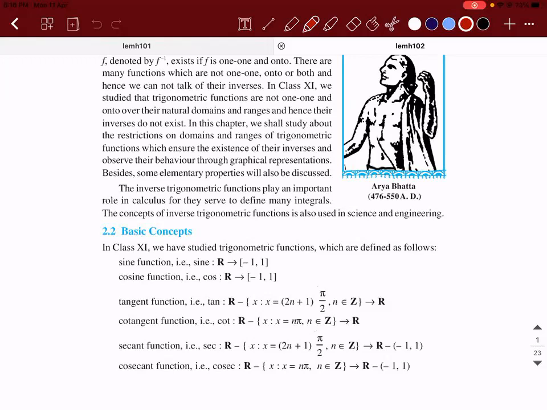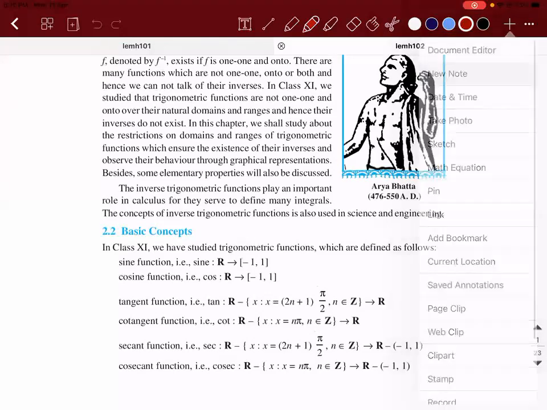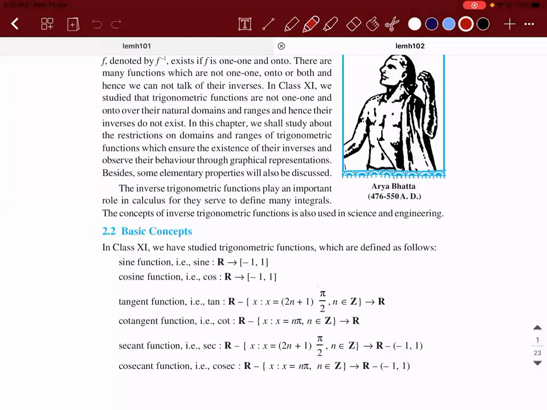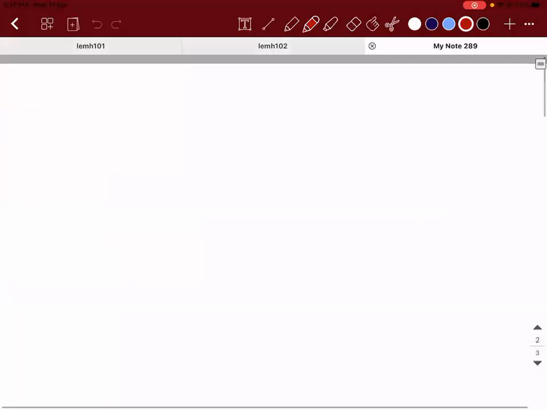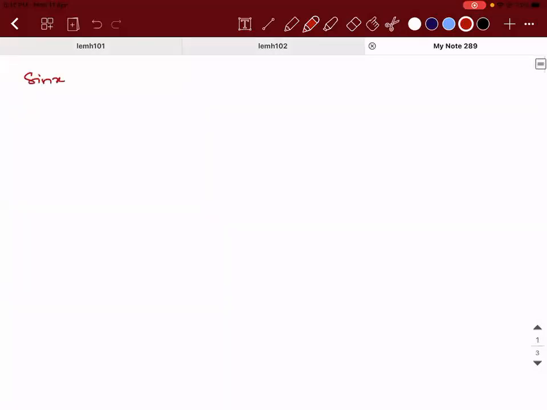So, if I take the sine function, I want to ask this question. If I take sin x and call this y, then what is the domain of this? x belongs to real numbers and y belongs to what? That is the range, right?